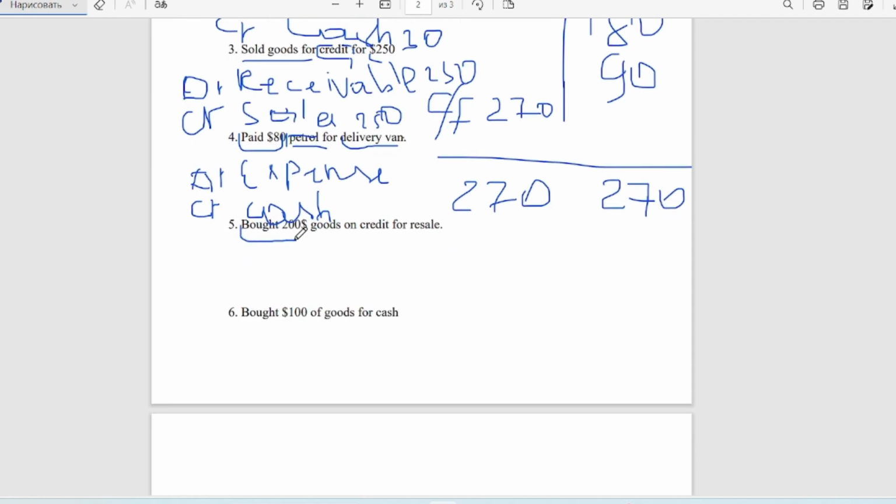Next one is about goods for $200 on credit for resale. No matter if it is for resale or not, it is purchase. So purchase, and then if we buy something on credit, it should be payable.